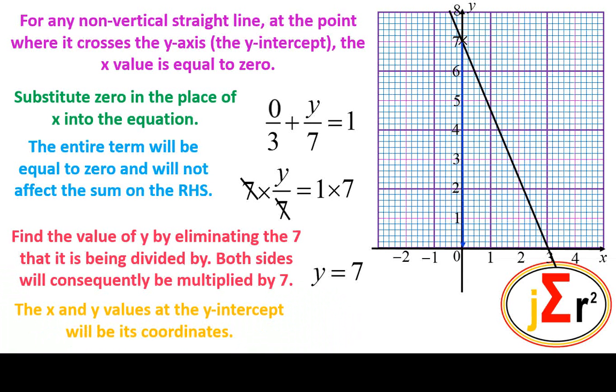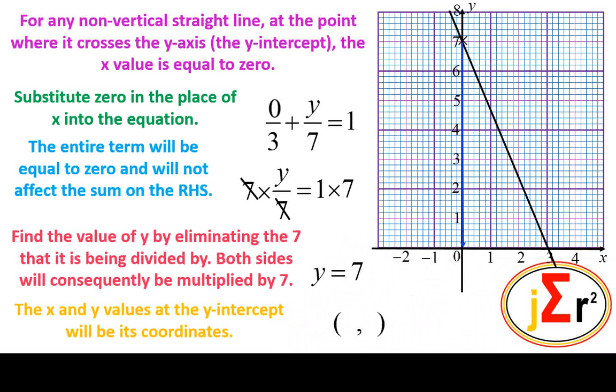The x and y values at the y-intercept will be its coordinates. There we are right now, taking a look at the coordinates. And the coordinates will be what? The x and y values at the y-intercept. That's your pair of coordinates.